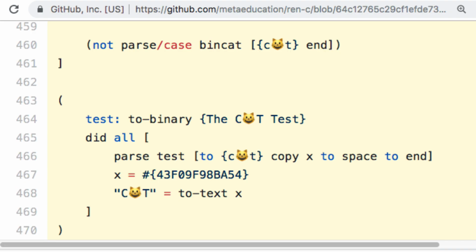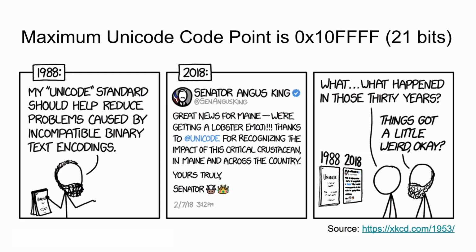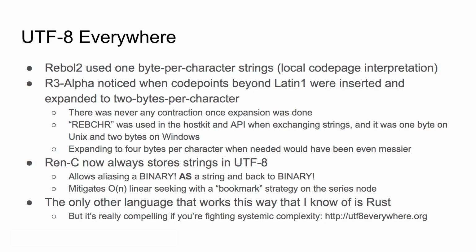We support all the code points. We support the emoji. I think that when you look at the trends of where software is going, carving out all that junk and worrying about whether you're widening the string or narrowing it is something that's rare and unusual. The only other language I know that does this is Rust.